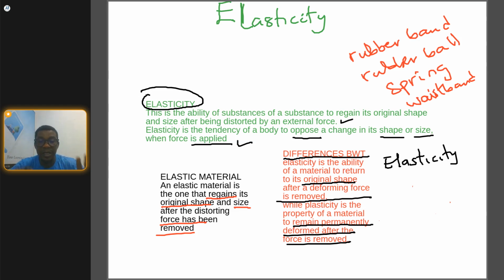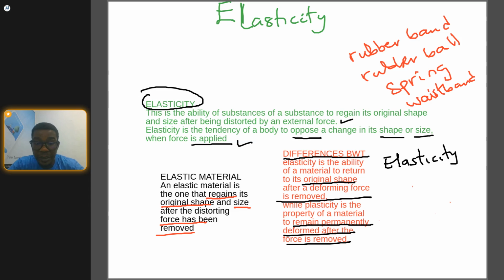A plastic material is a material that cannot regain its original shape after the distorting force, which is the external force, has been removed. It remains like that. So let's say this light pen is a plastic. If I apply force to stretch it and it stretches, it will remain like that. It cannot come back to its original position.